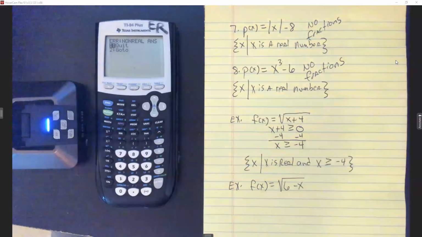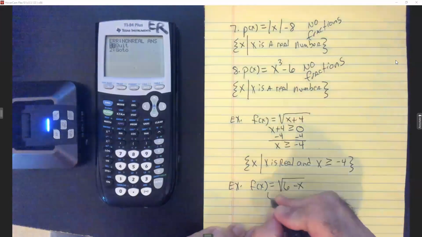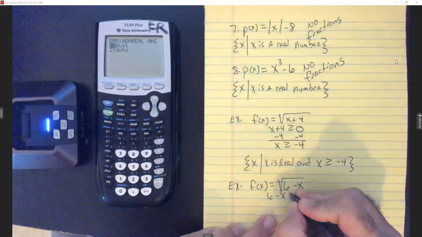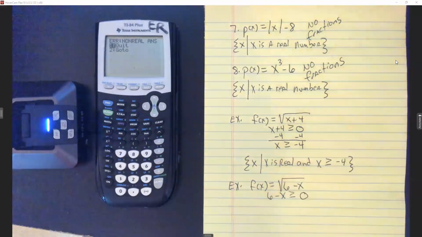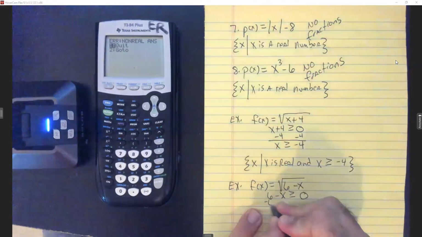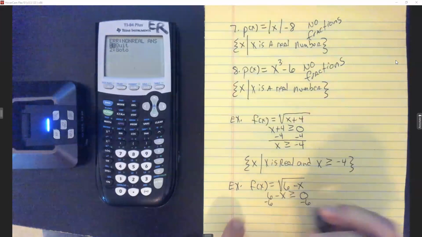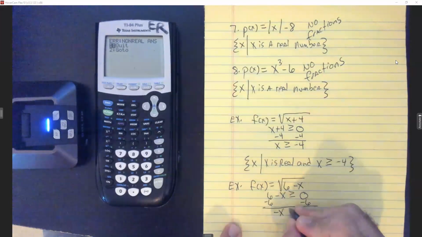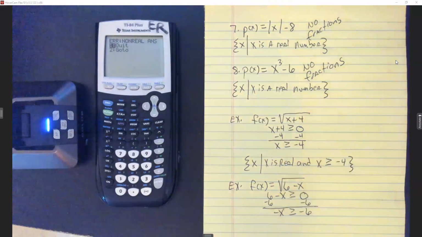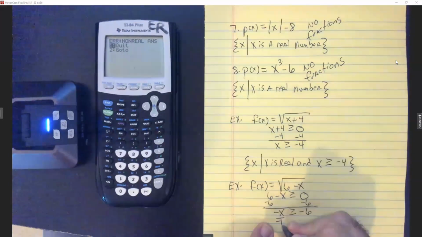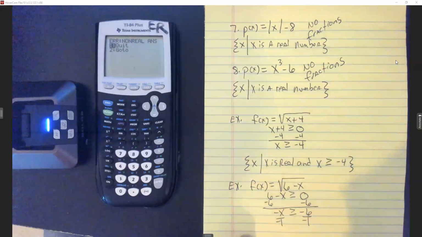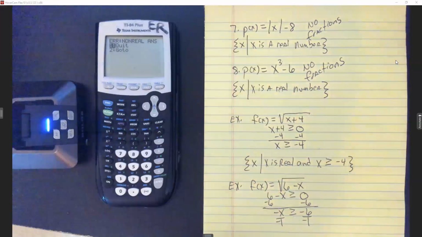This is where I get some people solving this one, because we know what? 6 minus x has to be greater than or equal to 0. So solving this, I would probably subtract 6 from both sides first. And I would get -x is greater than or equal to -6. So now to make that x positive, I got to divide both sides by the -1. So I get a positive x.